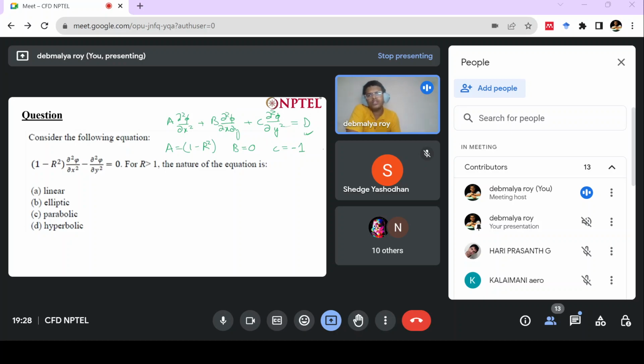We need not find the characteristics. It is not asked, so we need not do that. The only thing we can do is find b square minus 4ac.